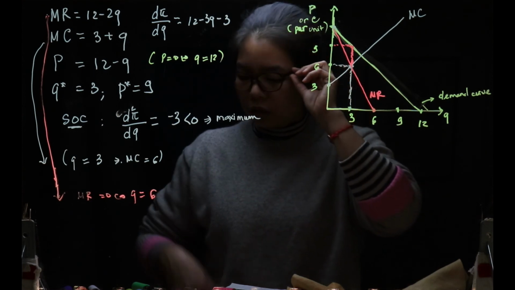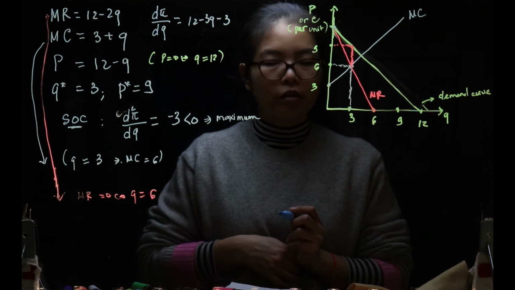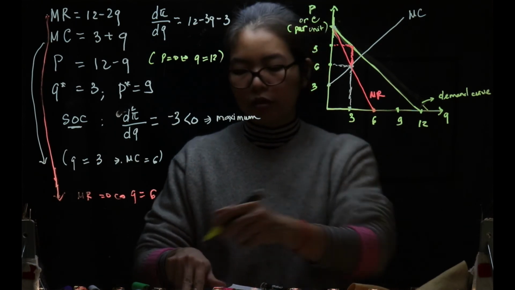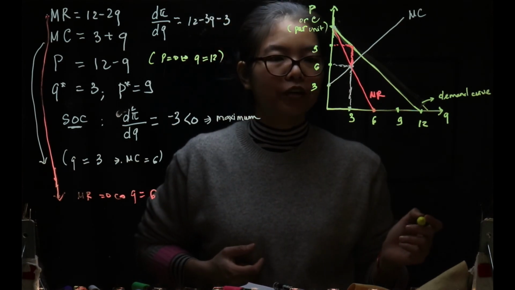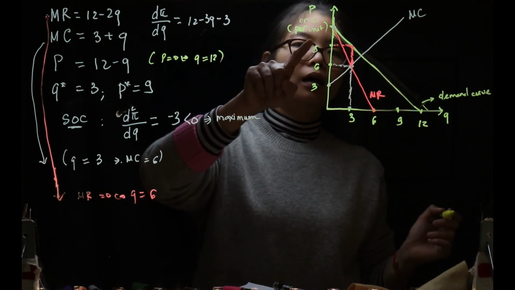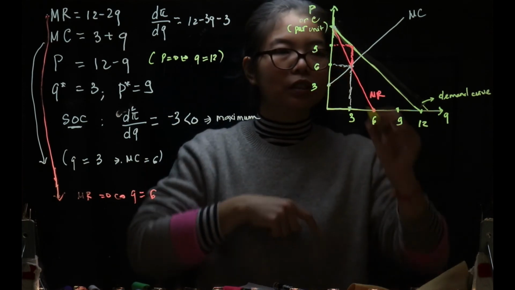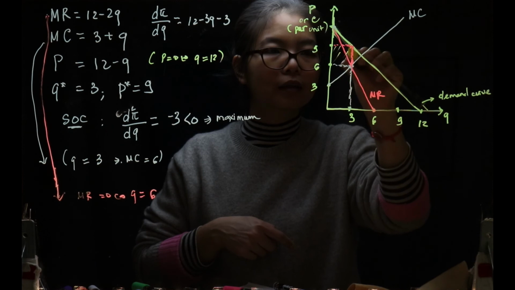So from here, we could actually see where the revenue and where the profit of the monopolist is. Quite interesting. So where's the revenue? Revenue is simply price times quantity. So it's the whole thing over there, right?